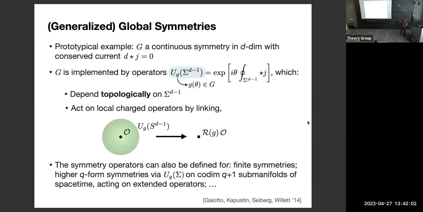The formulas I wrote on this slide were for so-called zero form symmetries, but I can also have symmetries that act on extended operators in space-time. A q-form symmetry would be defined by its symmetry operators, which live on codimension q+1 submanifolds of space-time and act on q-dimensional extended operators in my space-time. In this talk, I'm going to be considering examples of both of these, finite symmetries and higher form symmetries.